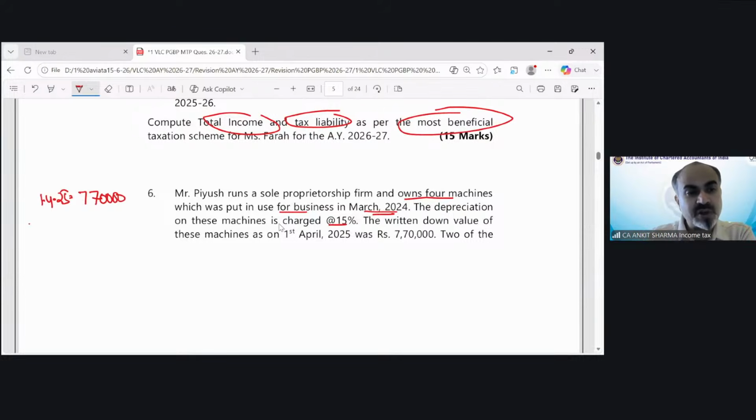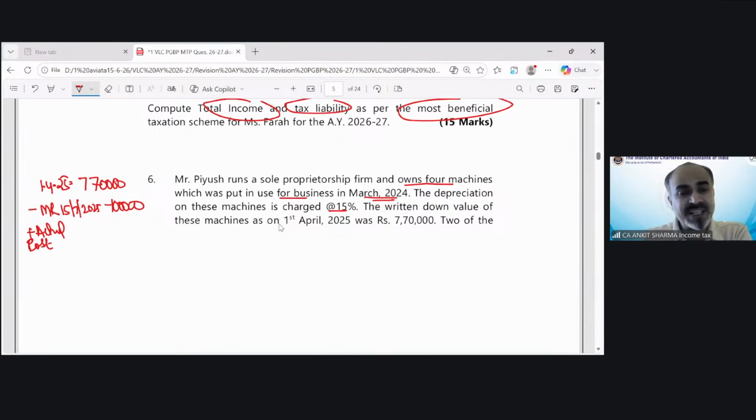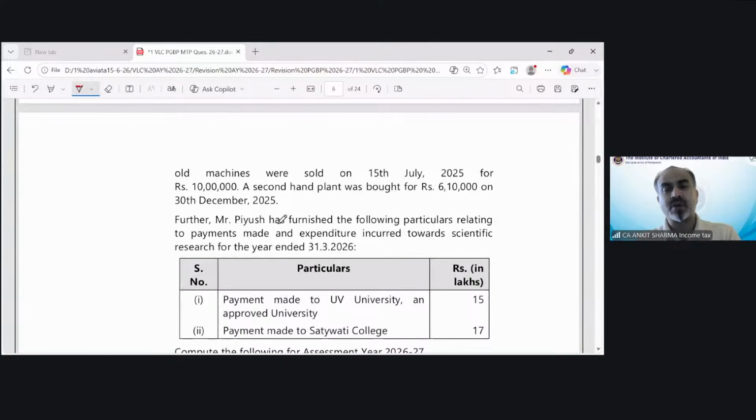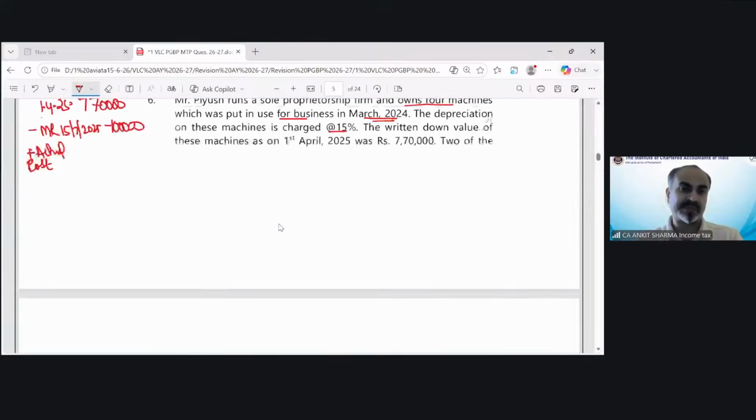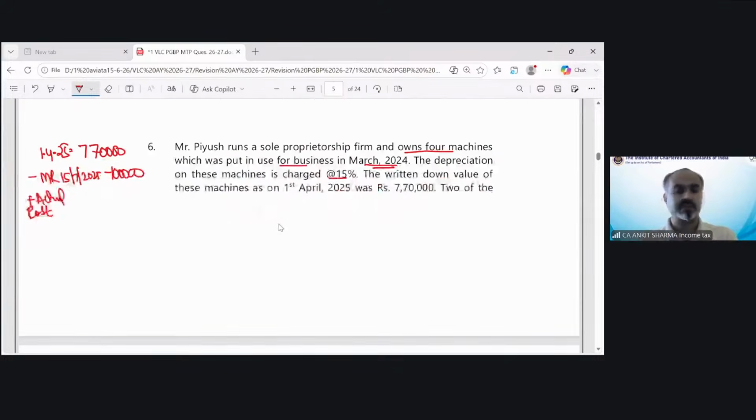So on 15th July, the money received was 10 lakh rupees. A new machine has been purchased. For that, we'll take the actual cost of the asset. A second-hand plant was bought for 6,10,000 on 30th December. So it was 6,10,000.